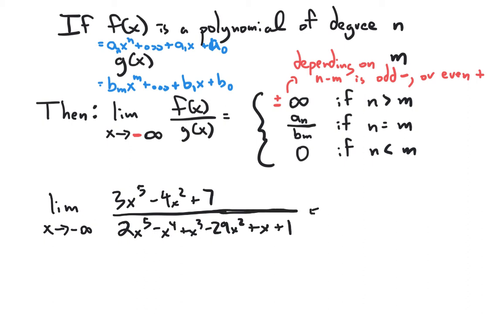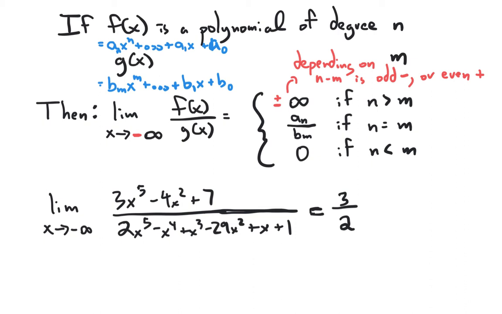Well, all we need to look at is the degree of the numerator and denominator. Here we find that they have the same degree, degree 5, so the limit is just going to be the ratio of the coefficients. a_n, in this case that's 3, and b_m, in that case that's 2. So our limit is going to be 3 halves.